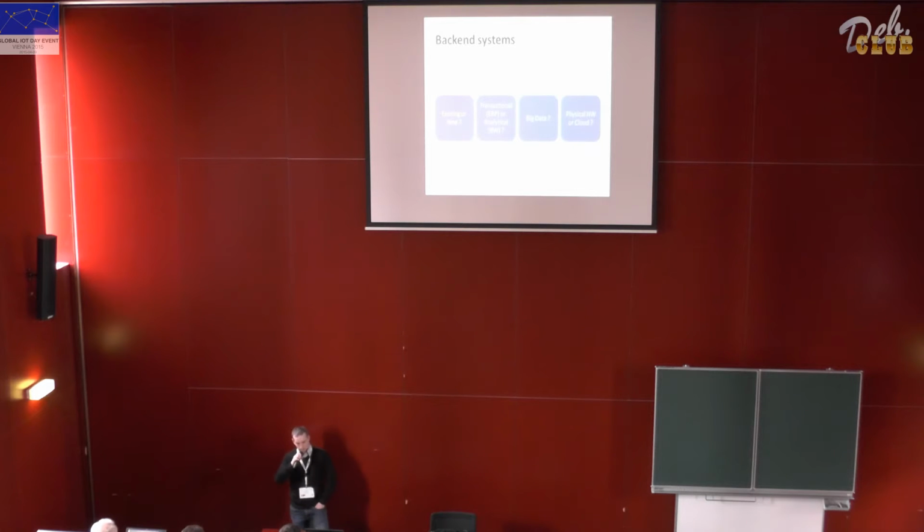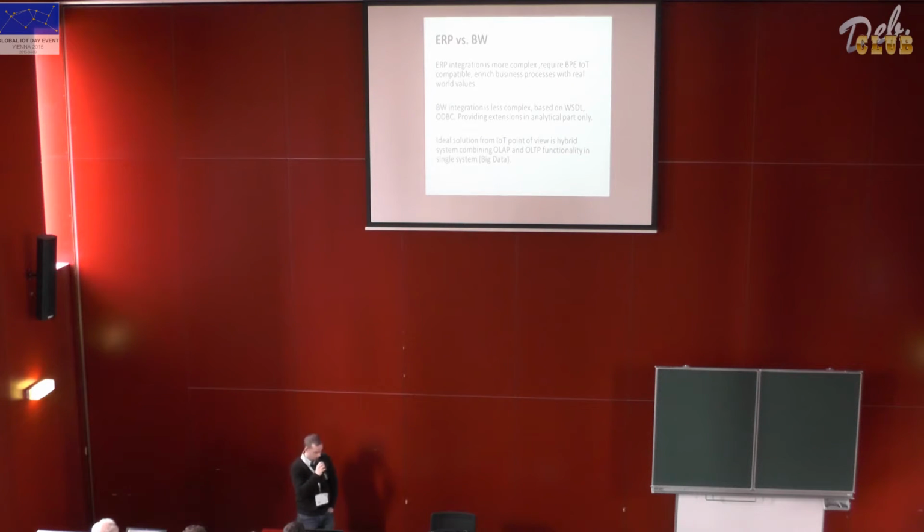So let's talk about the backend system. If we are talking about enriching our business process by real-world information in real time, we are asking: are we going to use an existing system or will we deploy a brand new system? Will we use our transactional system or will we use our analytical system? What about big data? Will we use physical hardware or will we go for a cloud service?